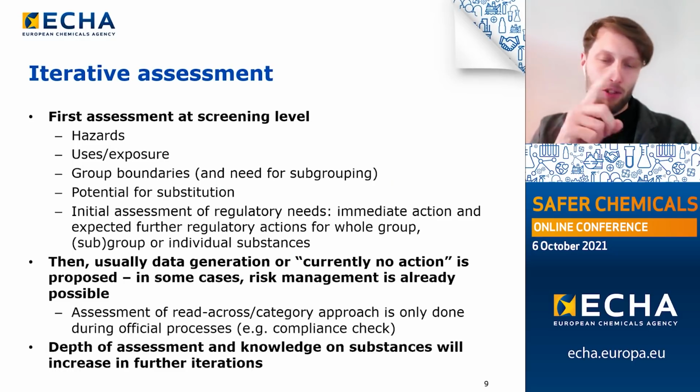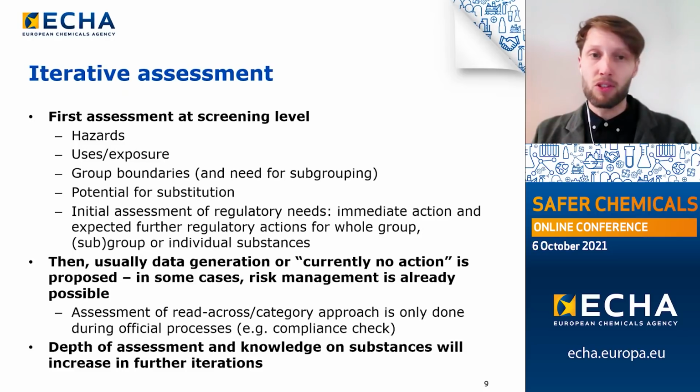Now, the circle that you've seen before, this iterative assessment, what does it mean? Well, at the first assessment, it's really on a high level, on a screening level. The team looks at the hazards, at the users, at the exposure. It looks at what we call the group boundaries. So the members within a group, how they are related, how similar they are, if they need to be subgrouped.